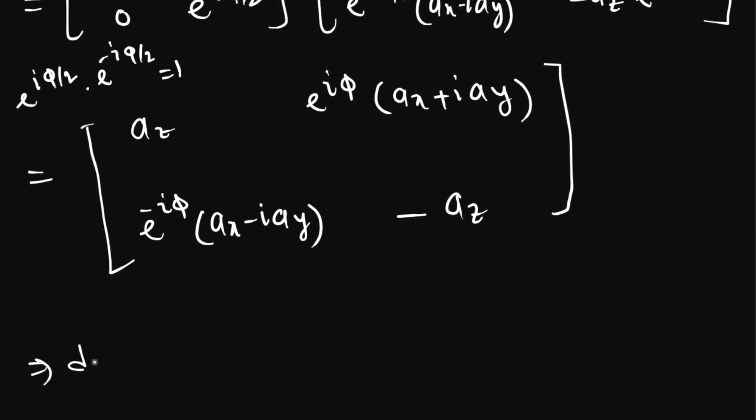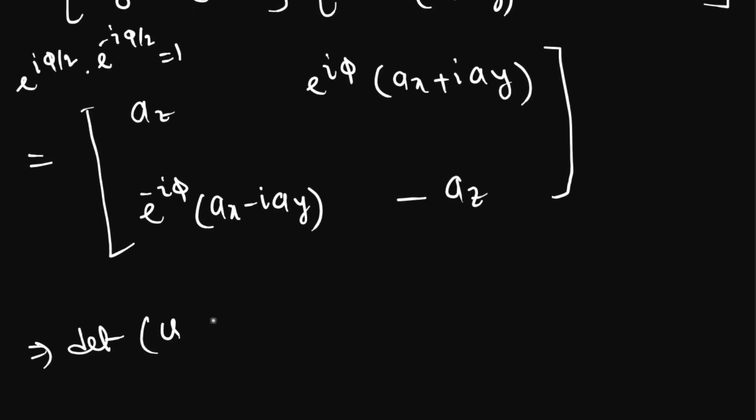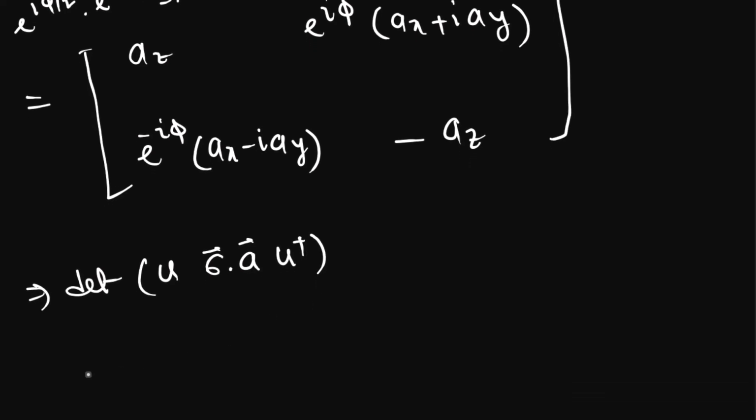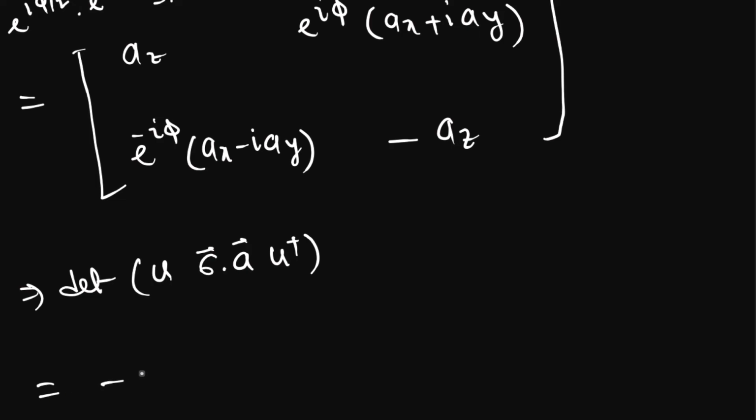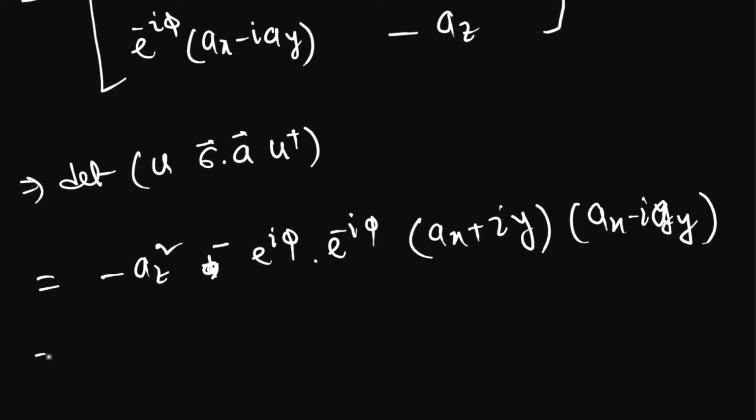So that means the determinant of u sigma dot a u dagger is equal to minus az square plus e to the power i phi into e to the power minus i phi, ax plus i ay into ax minus i ay, which is minus, so it is equal to minus az square minus ax square minus ay square.